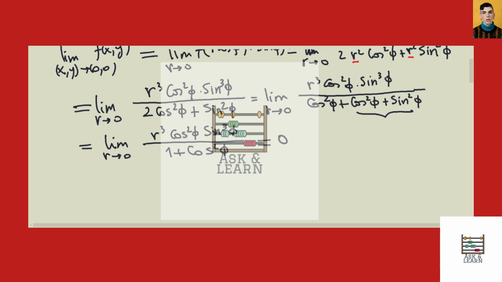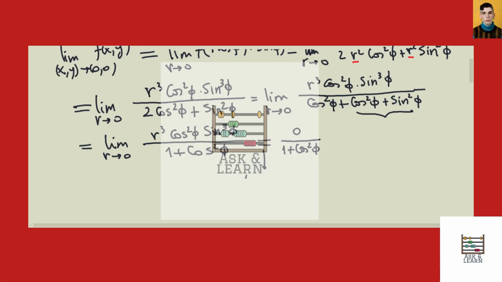So we can express it a little more. The idea is that we have 0 as limit in the numerator, and in the denominator we don't have r, so it's 1 plus cosine squared phi.